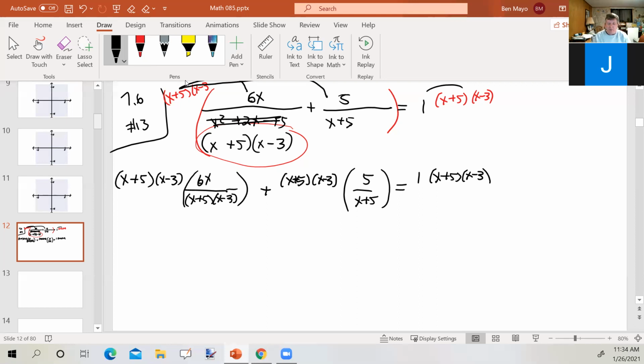So that's distributing the LCD to each term in the original equation.